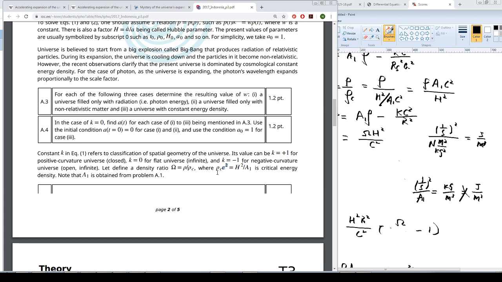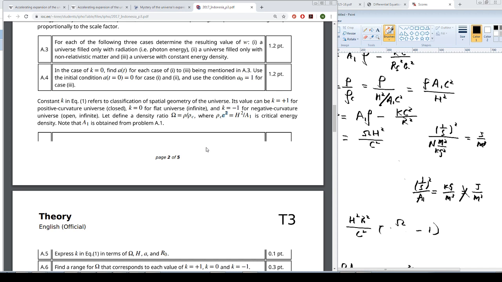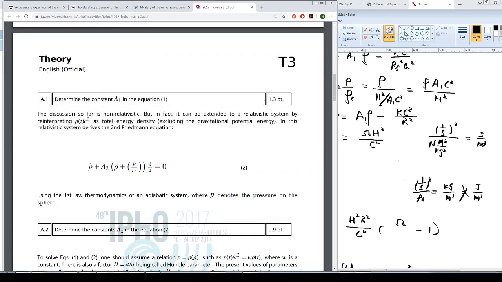I think there's a problem with this formula here. The dimensions do not work out. This is still total energy density.